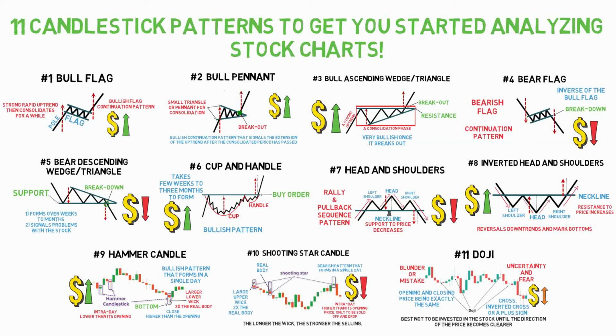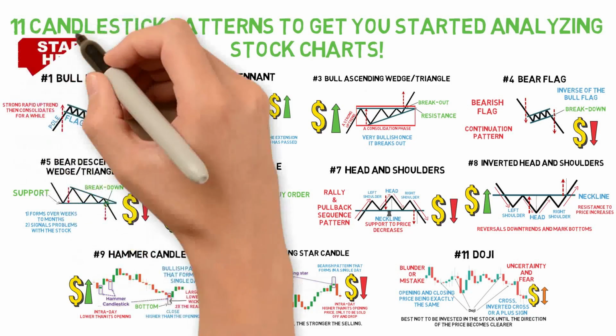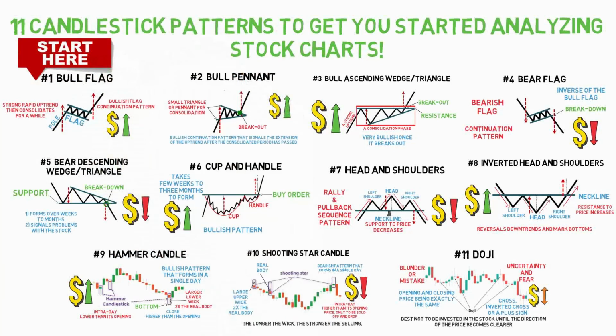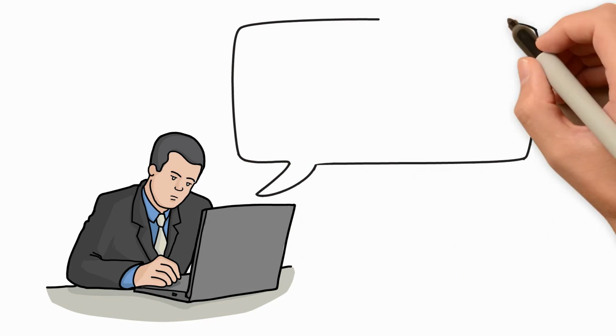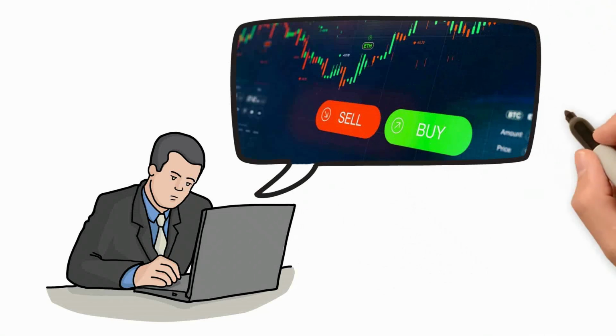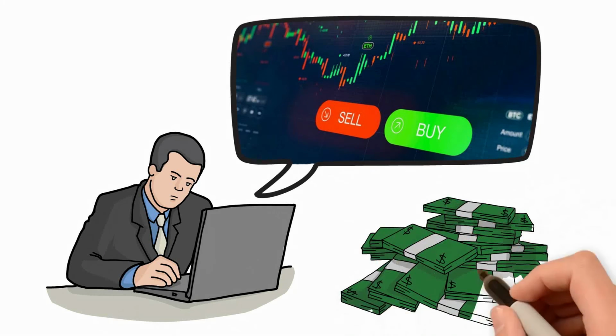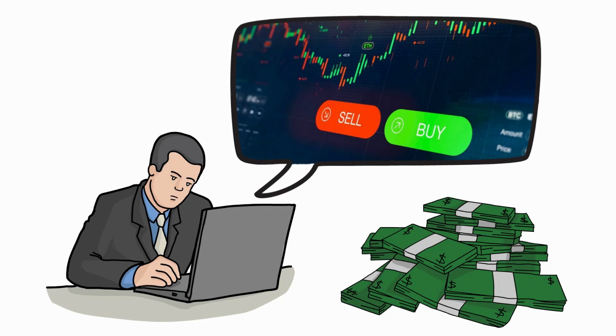Specifically, we recommend starting by looking for a bull flag pattern on a stock chart, as these patterns are the most obvious patterns to identify. Once you've got that pattern down, you'll start seeing all the other patterns on other stock charts if they are present. This is a powerful skill to have and will allow you to make smarter investment decisions and make money in the stock market by correctly predicting where the price of a stock will go next.